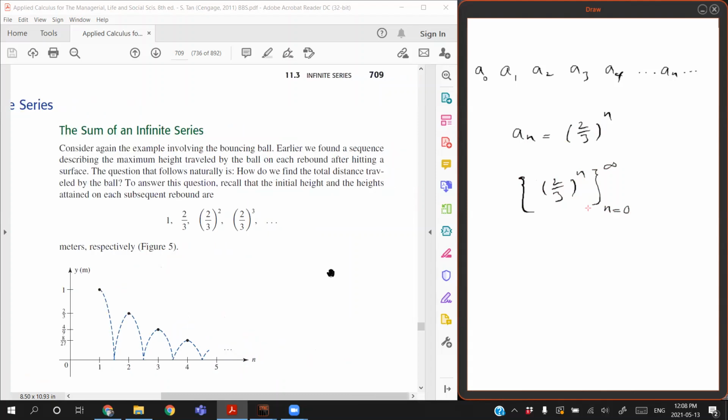So when n is 0, we get 2/3 to the power of 0, which is 1, because anything to the power of 0 is 1. Then we get 2/3 to the power of 1, that's 2/3. Then 2/3 to the power of 2, then 2/3 to the power of 3, and this continues like this. So this is a sequence.